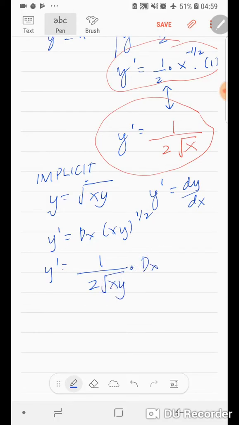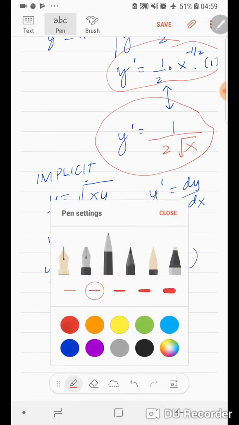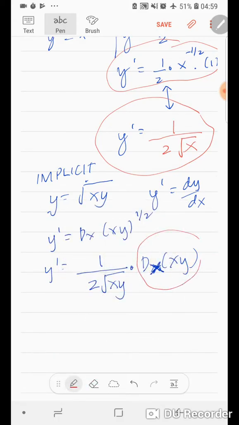Then we get the derivative of your xy here. So in this part, there's no longer the 1/2 because it has already been applied in accordance to the chain rule.